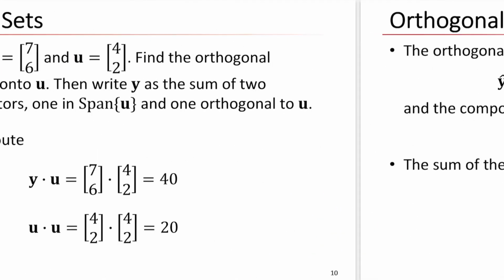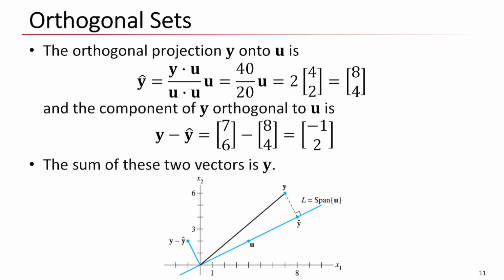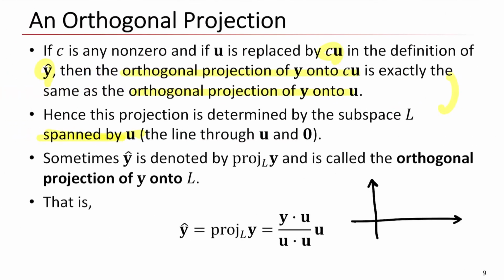Let me say there is the vector U, right? Then the span of U is equal to the line through U and 0. So this is L, the span of the vector U, right?